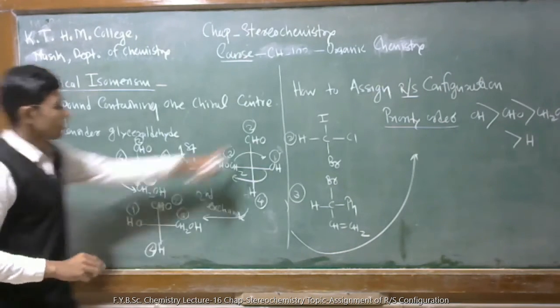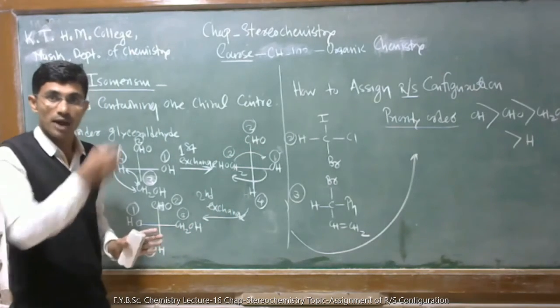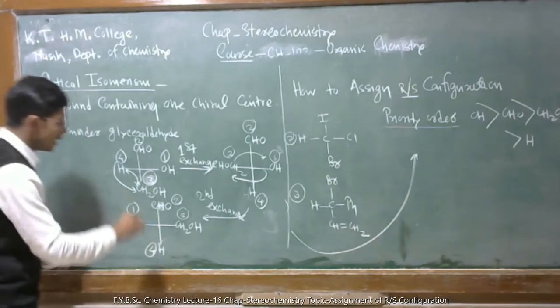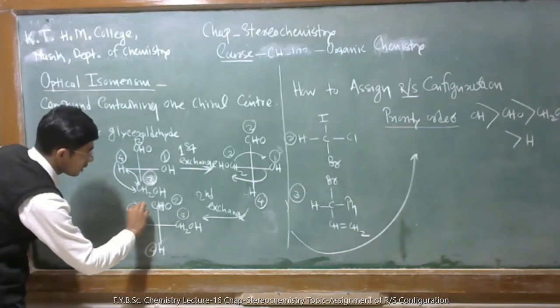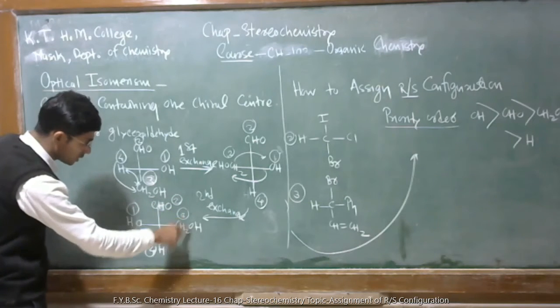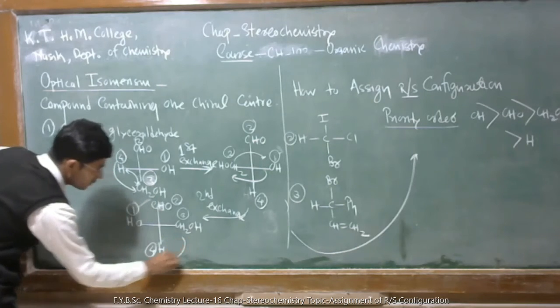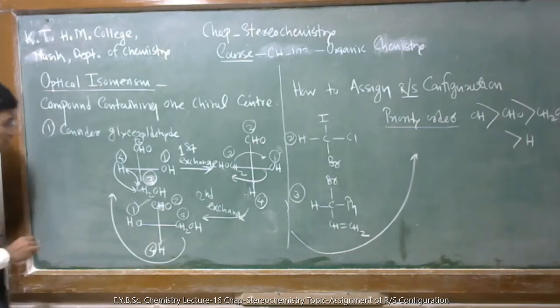So in this way, I have to perform a second exchange, so the second priority will be at the top. Then we have to consider the sequence of groups 1, 2, 3, 3 to 4. In which direction is this sequence? In clockwise direction.